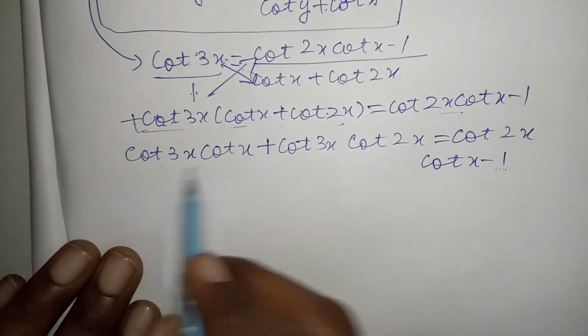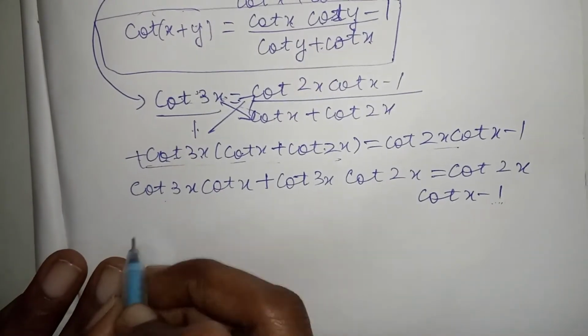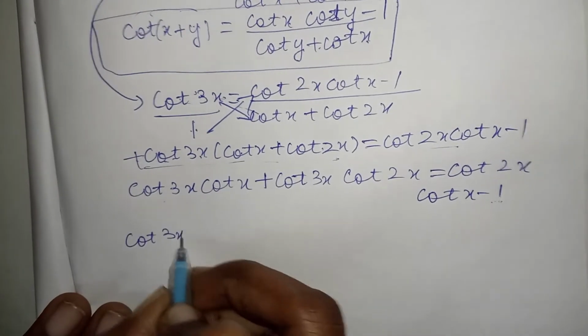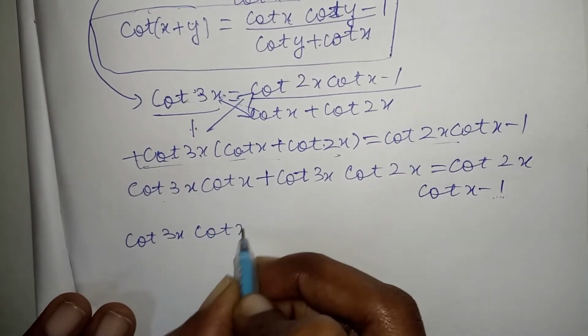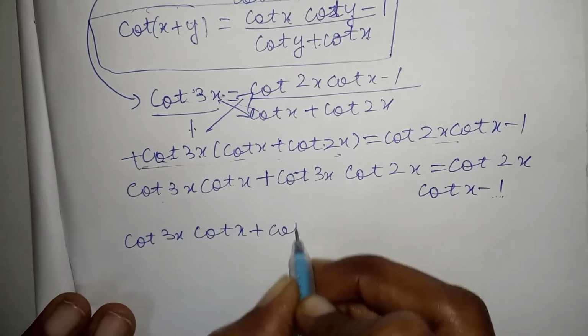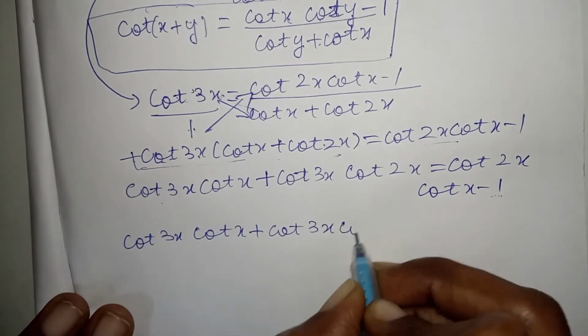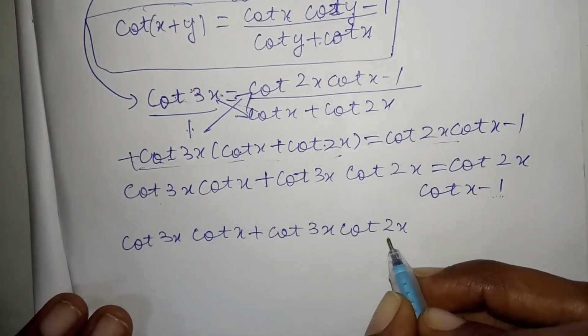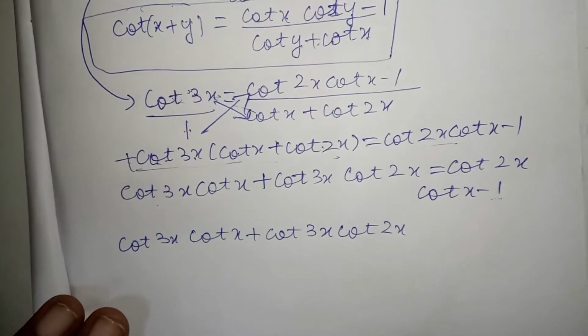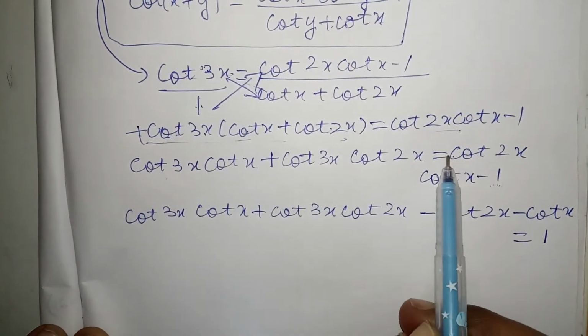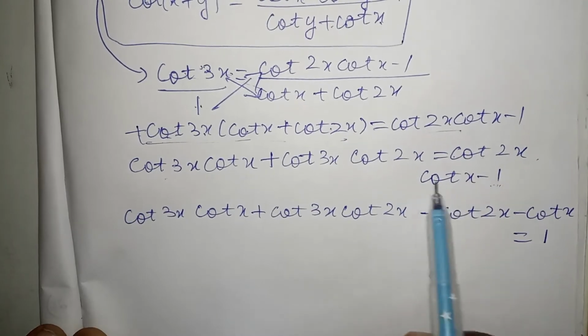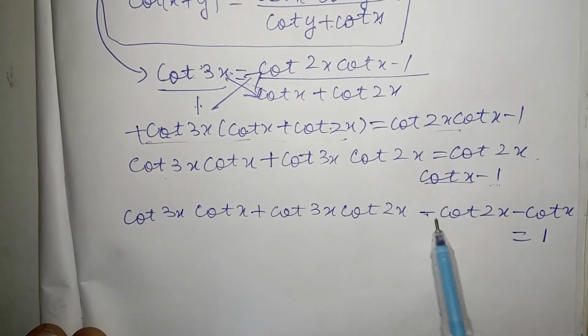So let's start taking this side. First, cot 3x cot x, write as it is. What is there in the left hand side? There is no need to keep it. So what I did, I took the right hand side terms, that is cot x cot 2x, over here to the left hand side.